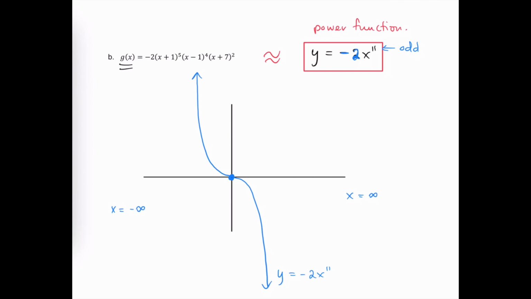Now the graph of g is going to have similar end behavior. Out at the infinitely large values of x, the tails are pretty close to the tails of this power function. Now when x is small, that's where we get a lot of difference. We don't know what's happening here in the center. But once those x's get infinitely large, the tails are going to resemble this power function.